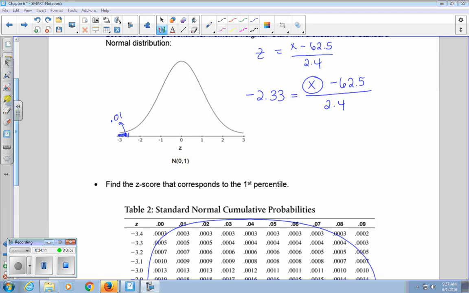And so we're going to have to do a little algebra. We can multiply both sides by 2.4, and then add 62.5 to both sides, leaving us with x is equal to 56.908 inches. So the first percentile corresponds to 56.908 inches.